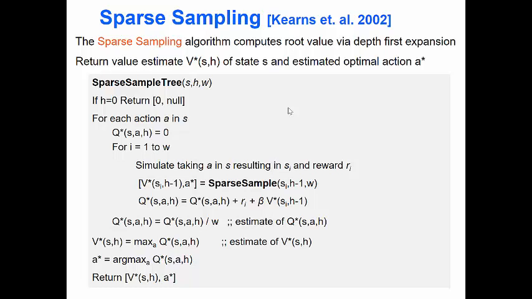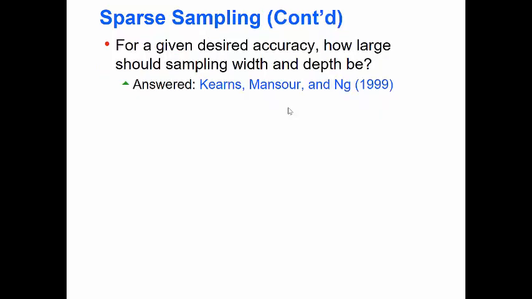All right. So this pretty simple algorithm is called sparse sampling, and the claim to fame was it was the first algorithm for MDPs that could compute near optimal actions in time that was independent of the size of the state space.